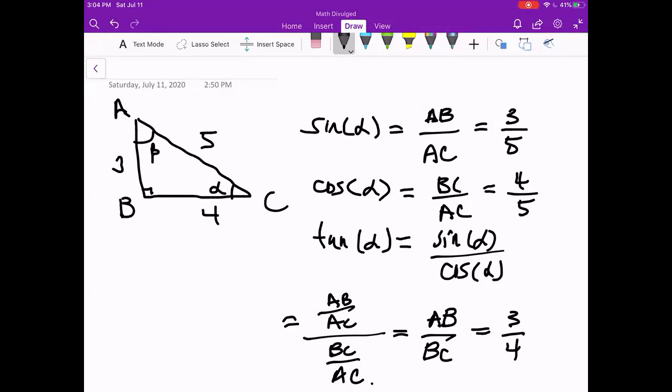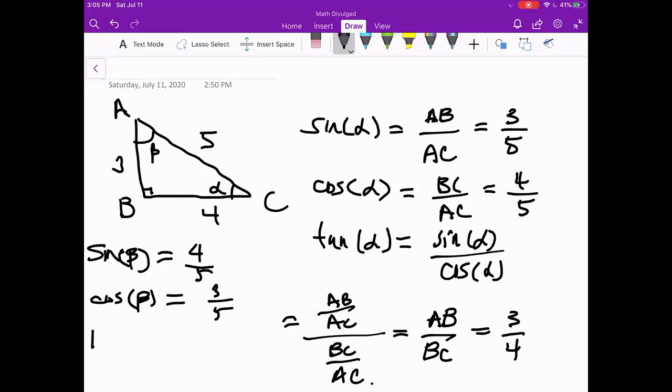So quickly, let's just calculate the three trigonometric functions for beta. Sine of beta is equal to the opposite side, which is 4, divided by the length of the hypotenuse, which is 5. Cosine of beta is equal to the length that is adjacent to beta, which is 3, divided by the hypotenuse, which is 5.